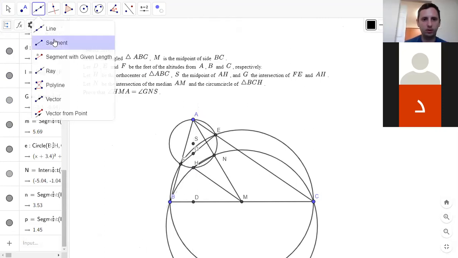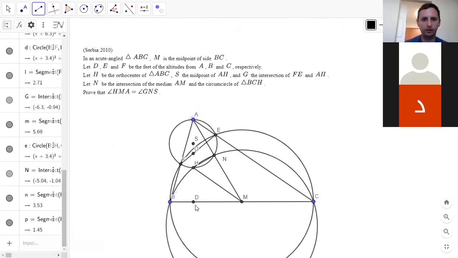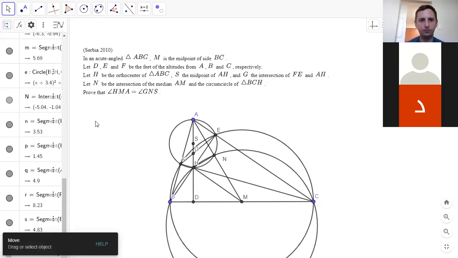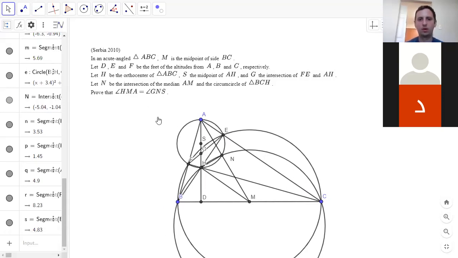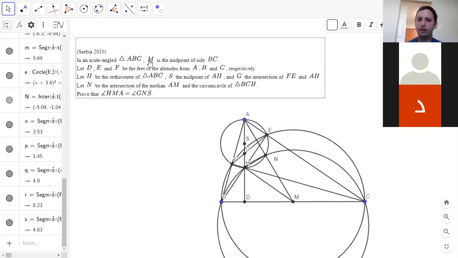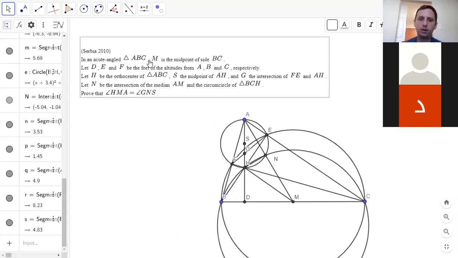All right. I'm going to make these segments instead of lines. Okay. Did we even use that BHNC is cyclic? Oh, actually, maybe I wanted to draw those lines, to show that this is in harmonic conjugation.